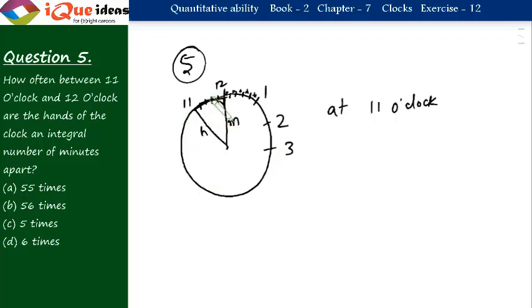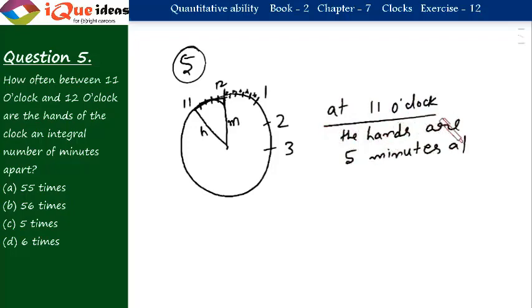H is the hour hand, M is the minute hand. At 11 o'clock the hands are 5 minutes apart. Now look at this very, very carefully. At 11 o'clock, they are 5 minutes apart. Now, from 11 to 12, what all will happen?